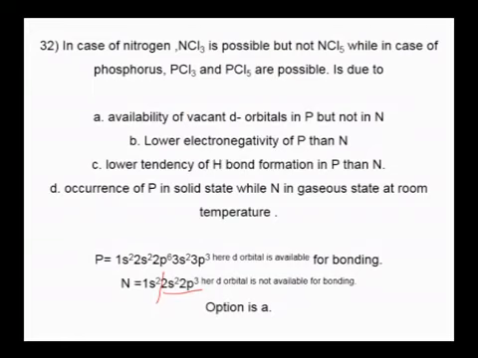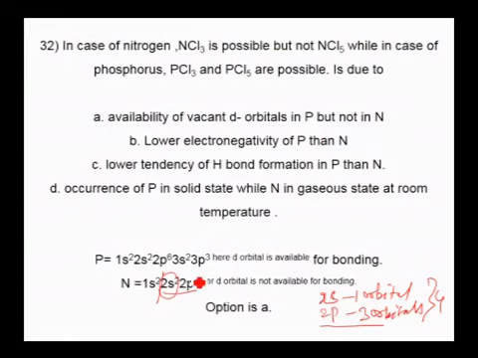Totally 4 orbitals are available, that is 1 2s orbital and 3 2p orbitals. The total number of orbitals available for bonding is 4, but the 2s orbital is not generally involved in bond formation, hence only 3 2p orbitals are available. So it has no d orbitals, therefore it forms NCl3 by using 3 2p orbitals, but not NCl5.